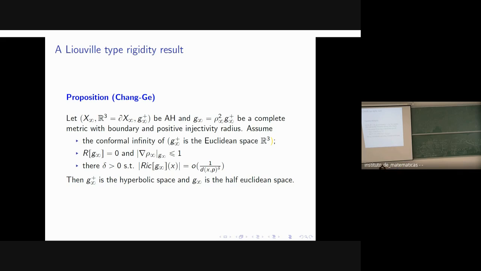So in the higher dimensional case, what is the decay rate of this? It turns out this result, I stated for 3 plus 1, but this part works for all dimensions.